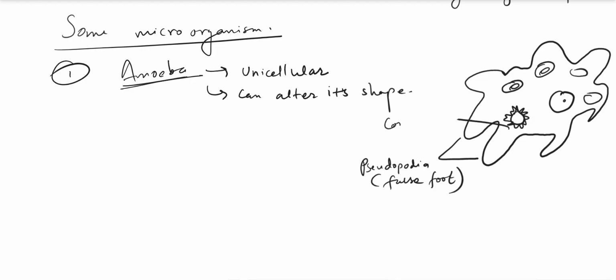This is the contractile vacuole. Contractile vacuole helps in respiration as well as excretion. The nucleus helps to transfer the genetic material and helps in cell division.